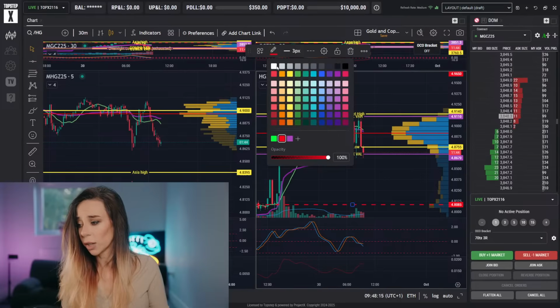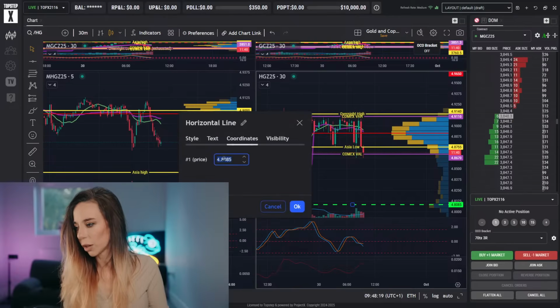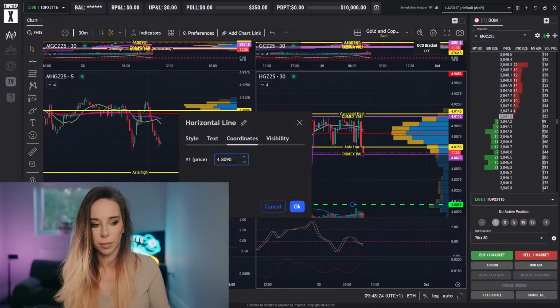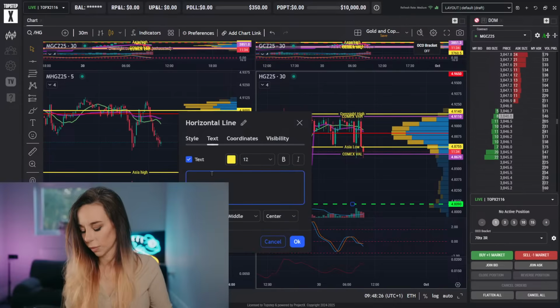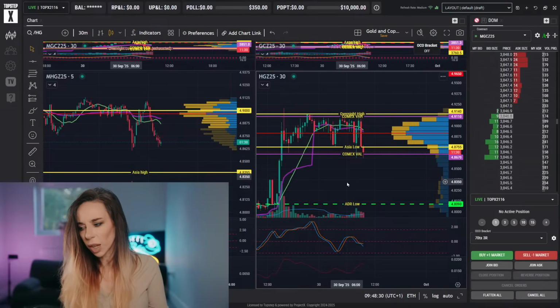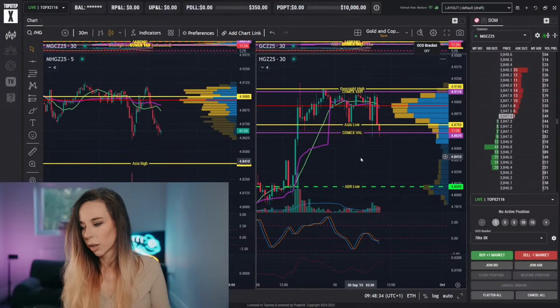But I would need some sort of a movement to happen here. Because if this is a distribution on copper, then we may have some space to go all the way down to ADR low.